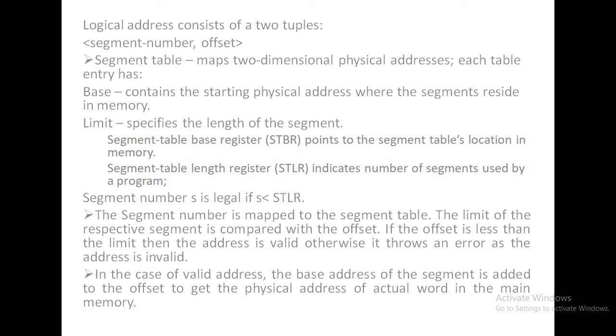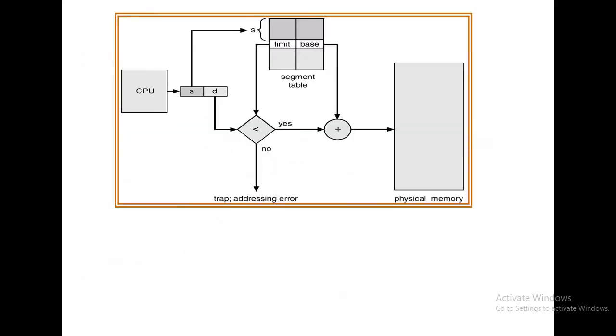In the case of a valid address, the base address of the segment is added to the offset to get the physical address of the actual word within the memory, as shown here in the diagram.